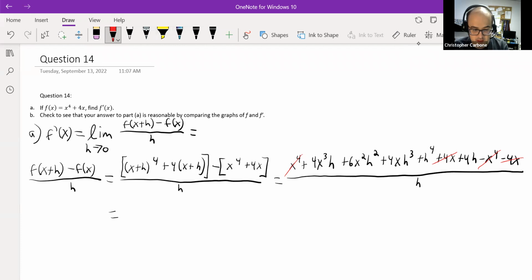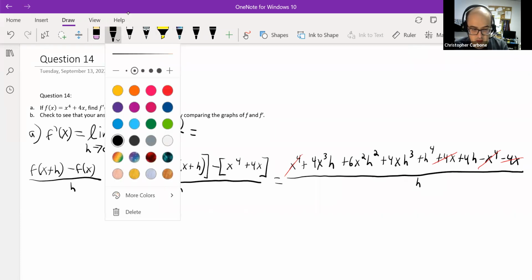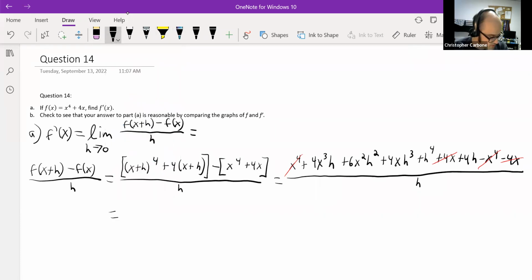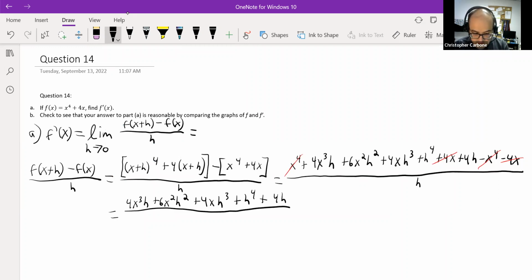So this would leave us with, before we divide by h, 4x cubed h plus 6x squared h squared plus 4x h cubed plus h to the fourth plus 4h, all divided by h.